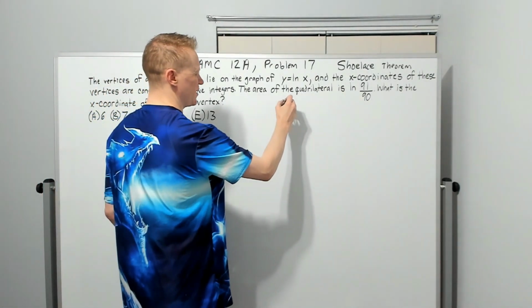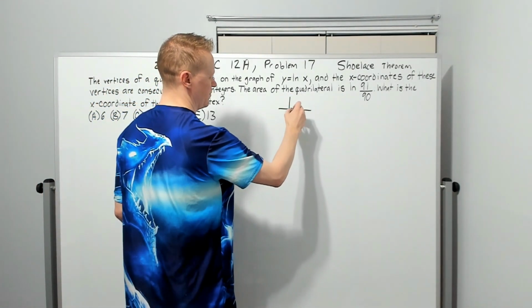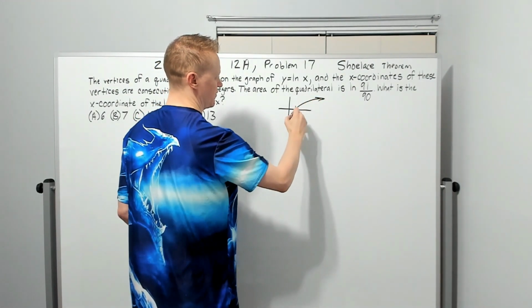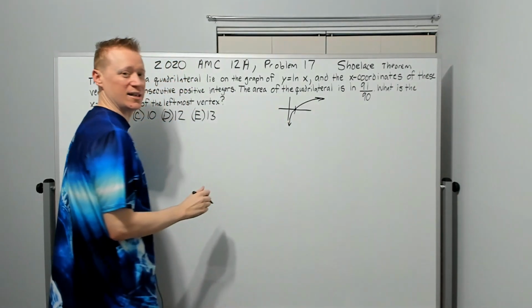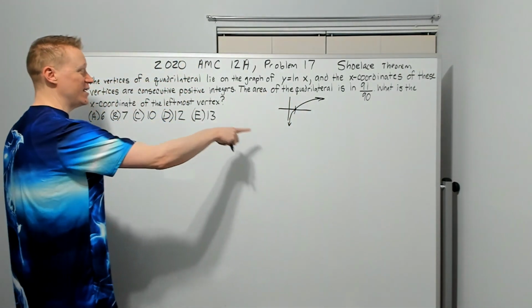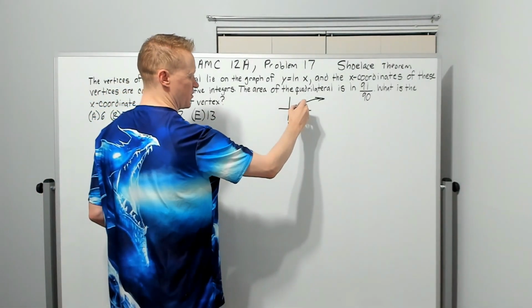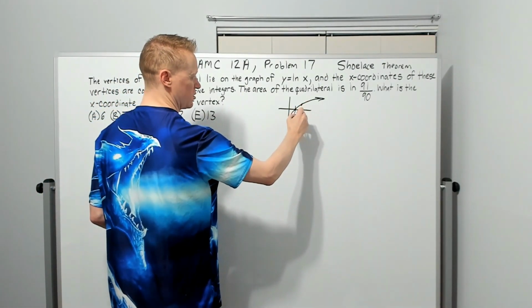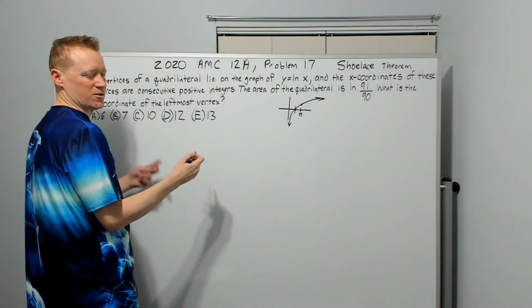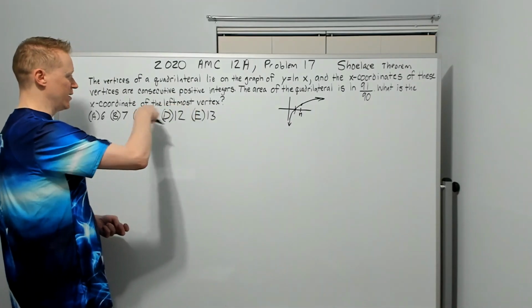So if you just think quickly about a log graph, it goes through (1, 0). All basic log graphs do, and it looks like this. It's got an asymptote here. You're basically saying that if it's going to be consecutive integers, let's just call the first one, say right here, n. N is usually used for consecutive integers, or x or something, but x is already a coordinate.